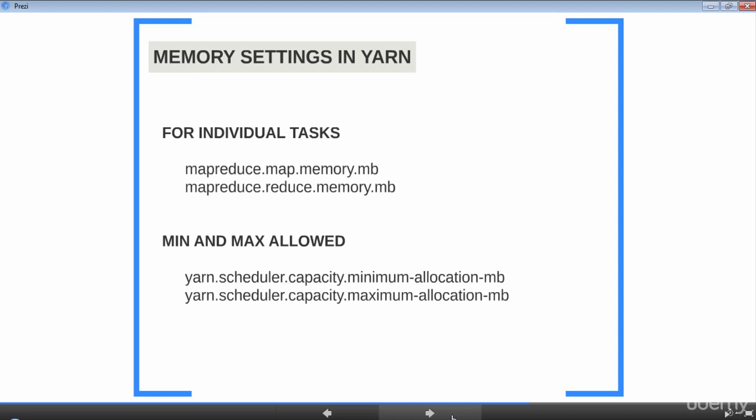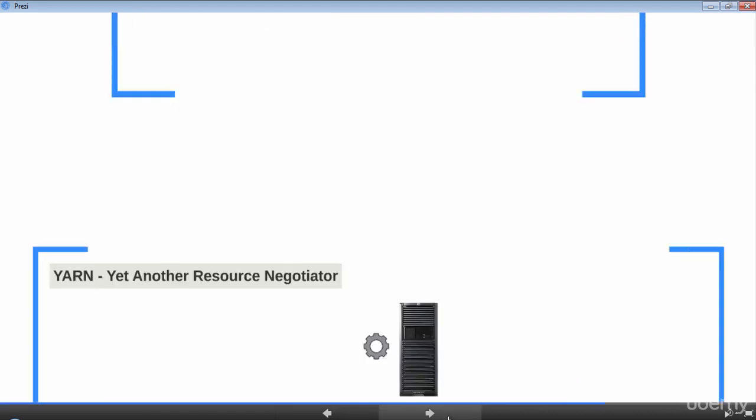You can use mapreduce.map.memory.mb and mapreduce.reduce.memory.mb configuration properties to set the memory requirements for both mapper and reducer. But there are limits to how much memory you can request, and it is controlled by yarn.scheduler.capacity.minimum-allocation-mb for the minimum limit, and yarn.scheduler.capacity.maximum-allocation-mb for the maximum amount of memory that can be requested by individual tasks.